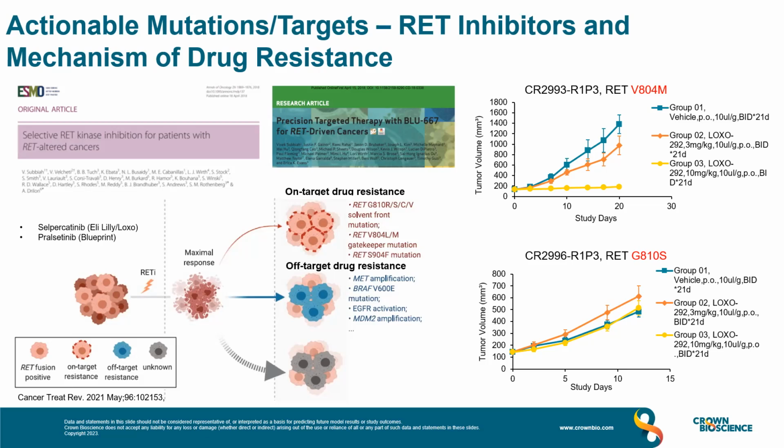Each one has acquired different types of mutations, so you've got the V804M and the G810S. And with these, you can see that the resistance profile is different as well. There is more resistance shown with the gatekeeper mutation, while the gatekeeper mutation still seems sensitive in one of these models.